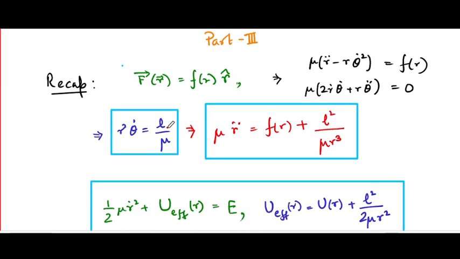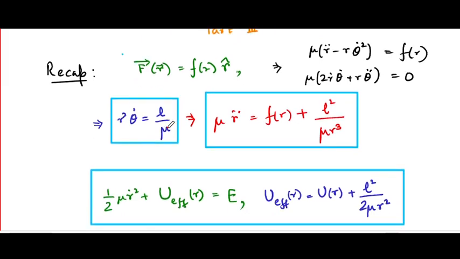We had also seen that this equation can be integrated directly to give the conservation of energy equation in a form which involves only r. Half mu r dot squared plus an effective potential energy equals the total energy.